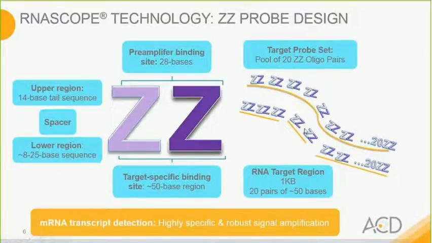The yellow line here represents your RNA. If your RNA is intact under ideal permeabilization conditions, the assay will hybridize up to 20 Z probe pairs to your RNA. But for many samples, such as cancer FFPE samples, your RNA could be degraded and fragmented. The simplicity of this design and relatively short probes binding to the target allows for binding to even short pieces of RNA.